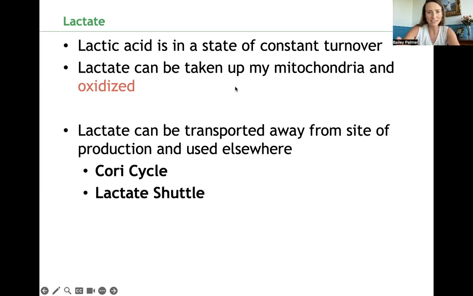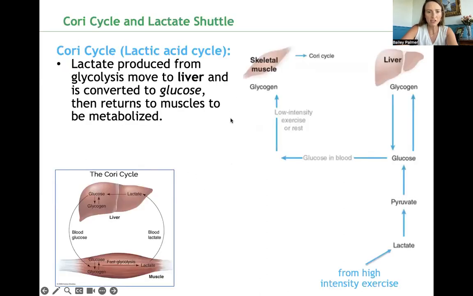This occurs most often. This is how lactate is cleared: it's just taken up by the cell that produced it. Two other ways of transport are through something called the Cori cycle or the lactate shuttle. So first, let's look at the Cori cycle.